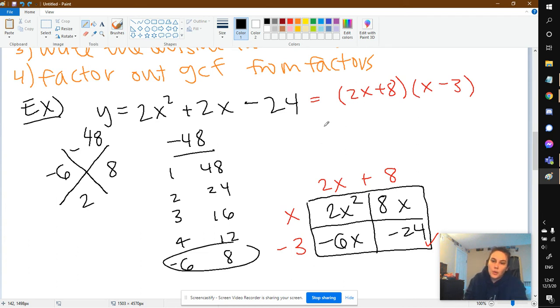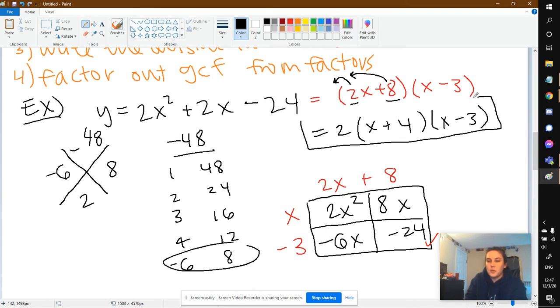So here is where we would want to say, let's factor out the 2. Let's reverse distribute the 2. 2x divided by 2 is x. 8 divided by 2 is 4. And then this is our beautiful factored form with our a out front and our m and n in the factors.